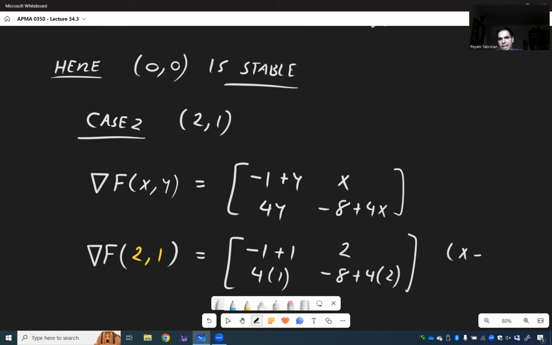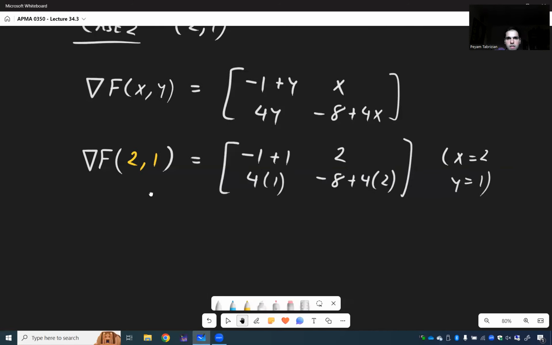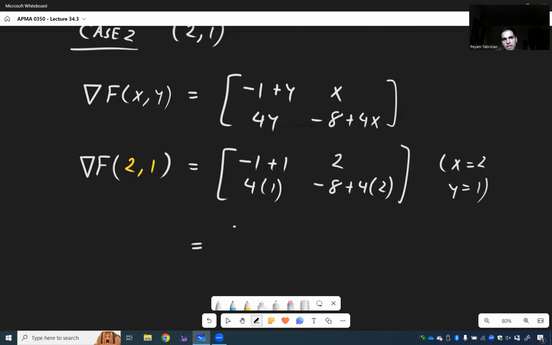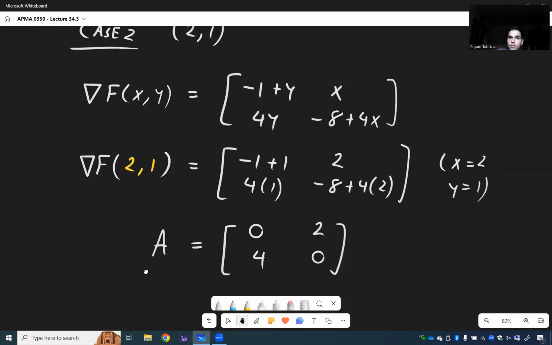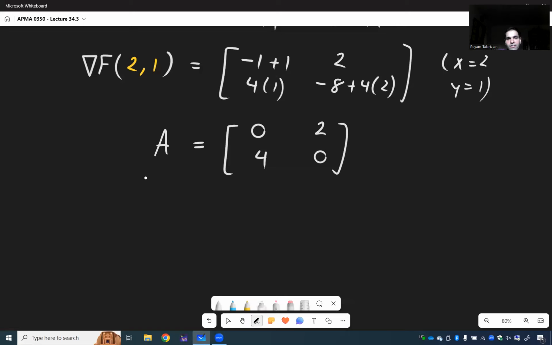Again, I just plug in x equals 2, y equals 1. And then this gives you 0, 2, 4, and 0, I believe. So that is our matrix. And then we want to look at the eigenvalues. Here, unfortunately, we have to calculate it because it's not diagonal.